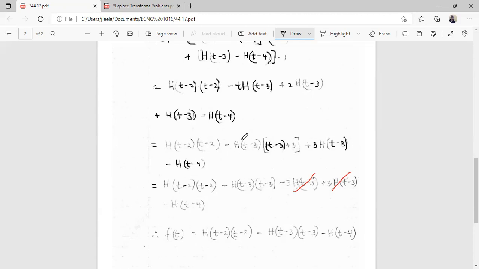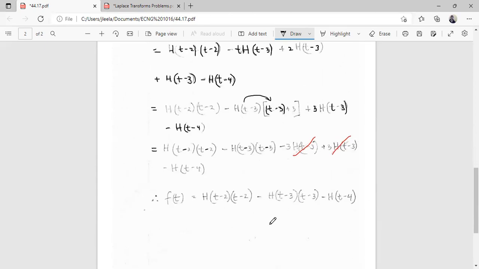Now I have to expand this. If I multiply this by t minus 3, I'll get minus H(t-3)(t-3) and minus H(t-3) by 3, so minus 3 H(t-3). These two terms will cancel each other. So I'll get H(t-2)(t-2) minus H(t-3)(t-3) minus H(t-4). That is the final result for your f(t).